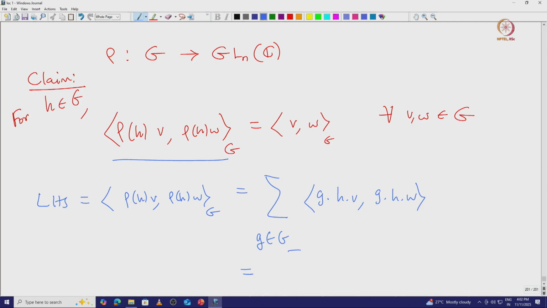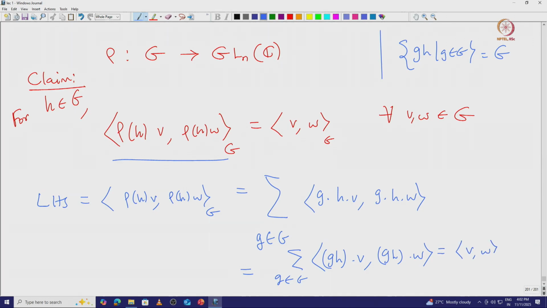So, then this becomes exactly equal to the sum over g in G of gh applied on V inner product with gh applied on W. Now, again going back to the original thing, the coset corresponding to h, that is gh for g in G, is going to be exactly equal to G. So, that means this is going to be exactly the inner product V comma W with respect to G. So, this proves that if we apply h on these vectors and then take the inner product, that is going to be the original inner product. That means the inner product is G invariant.